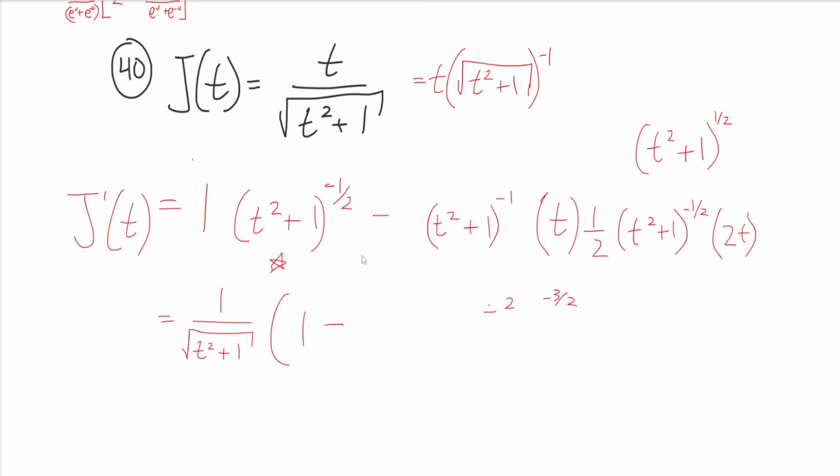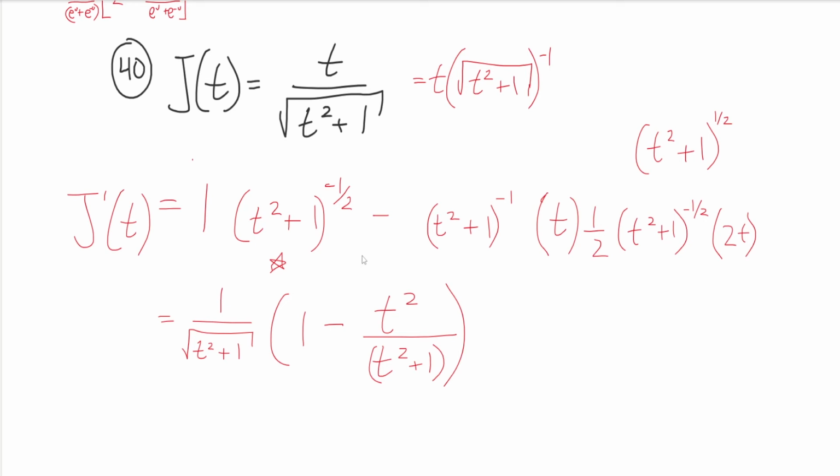Okay. So on top, then, what do we end up with? Just t squared, I believe, right? Because that 2 cancels with that 2. Yeah. So we get t squared all over t squared plus 1 to the 1.